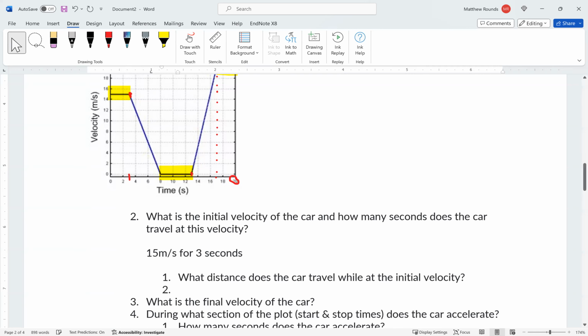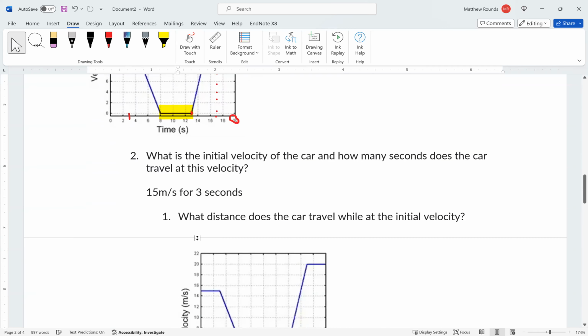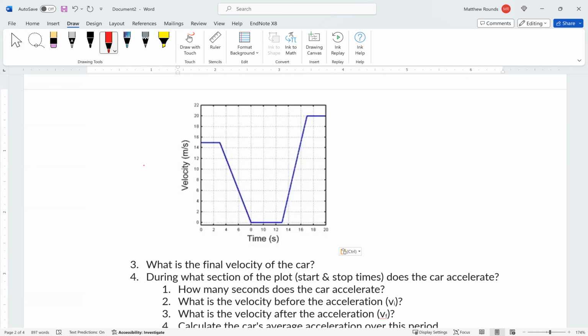Now, to find the distance the car travels, you're going to find the area of this rectangle in red. You remember how to find the area of a rectangle? Isn't it like length times width? Yes.